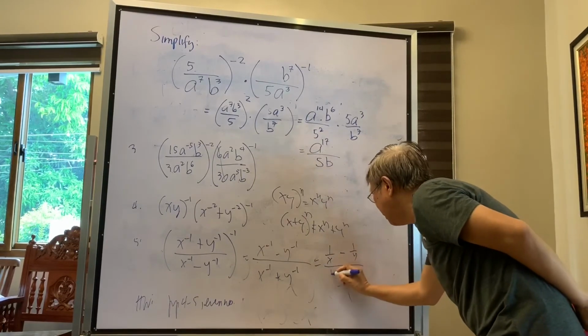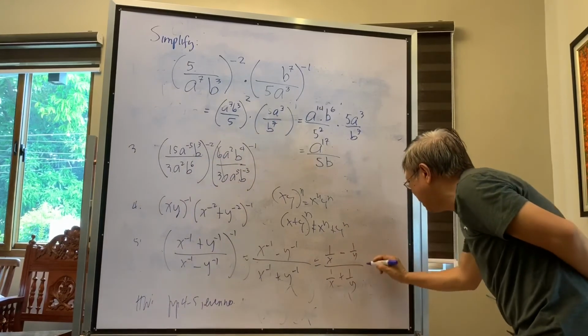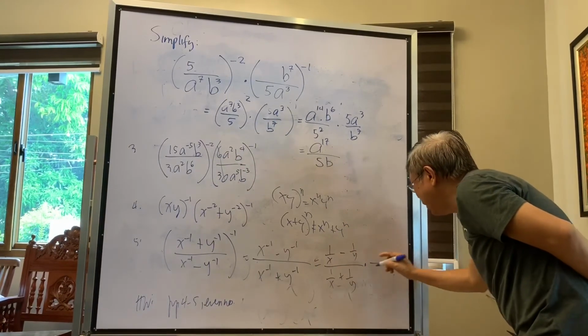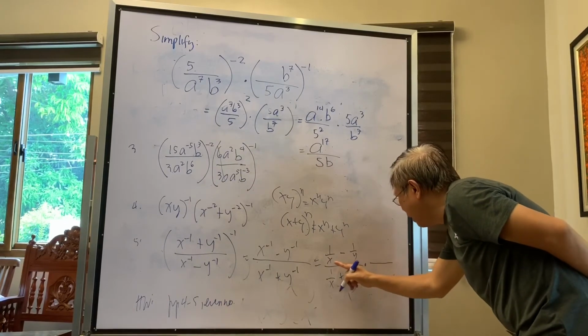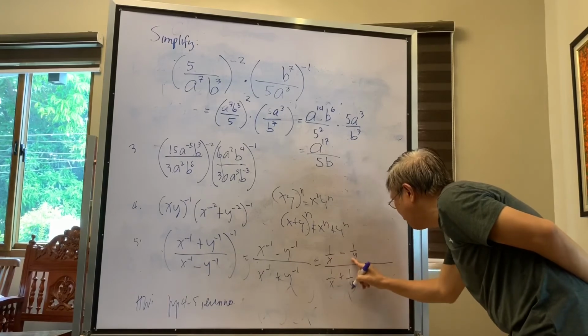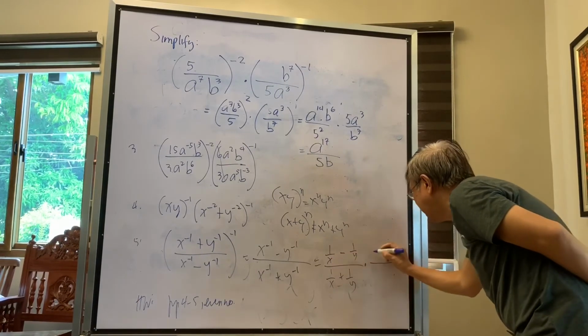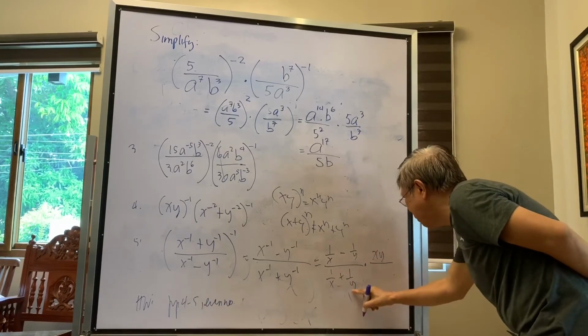Individually, 1 over x plus 1 over y. And you can simplify this by multiplying this whole complex fraction with the LCM that will cancel these ones here. What will cancel x? It will be x. What will cancel y? It will be y.